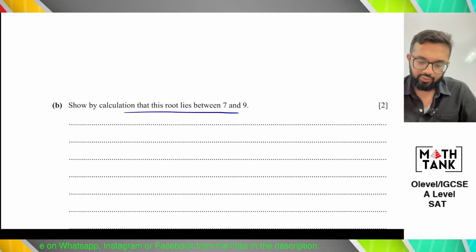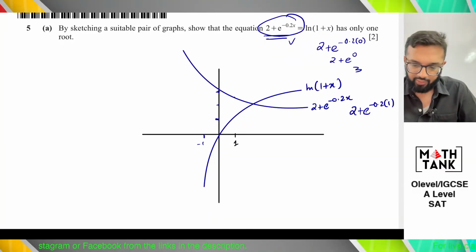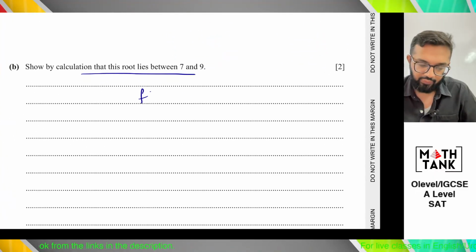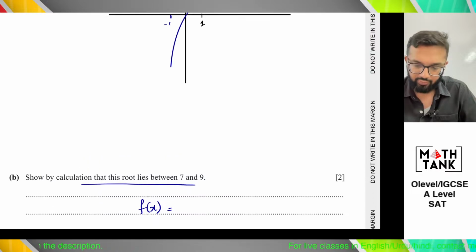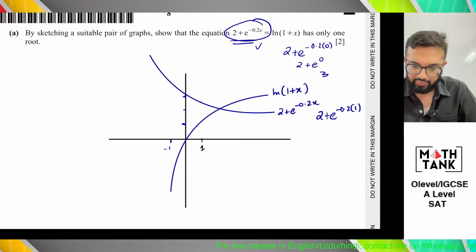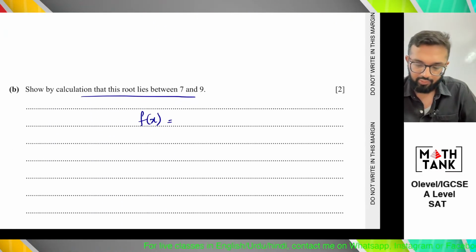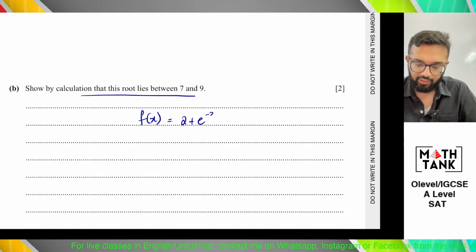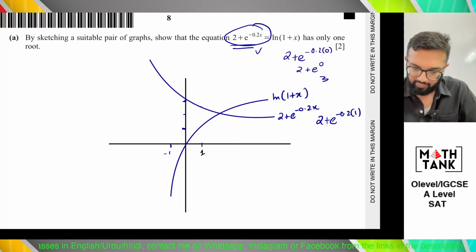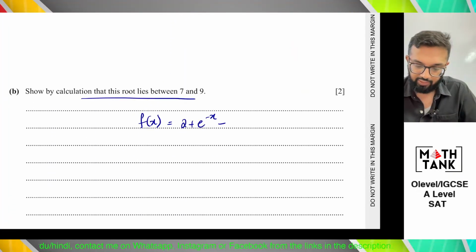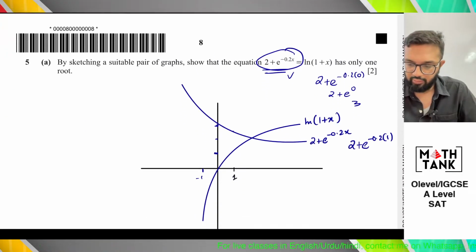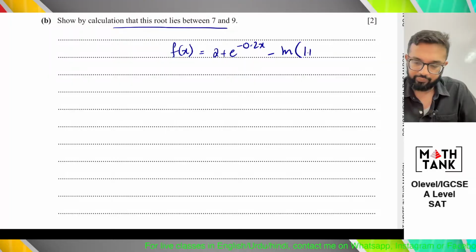Show by calculation that this root lies between 7 and 9. So the first thing that you have to do here is convert everything to a function first, and say f(x) = 2 + e^(-x) - 0.2x, basically minus 0.2x, plus x.